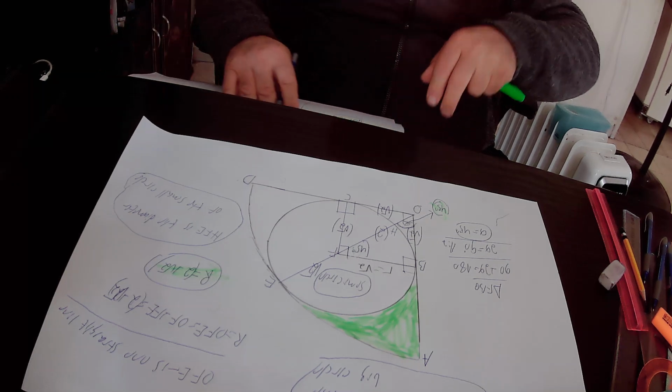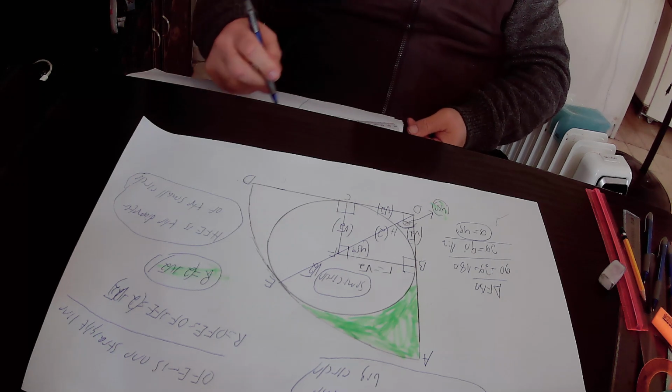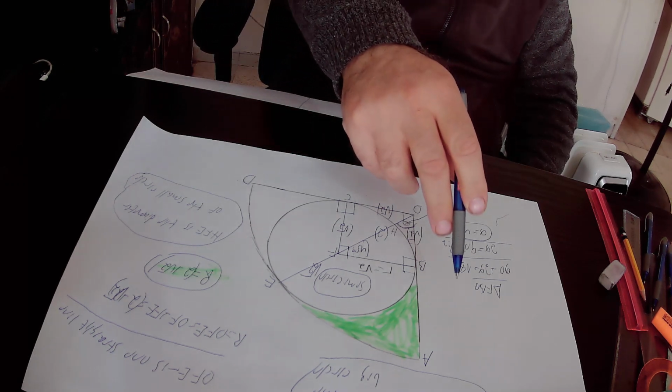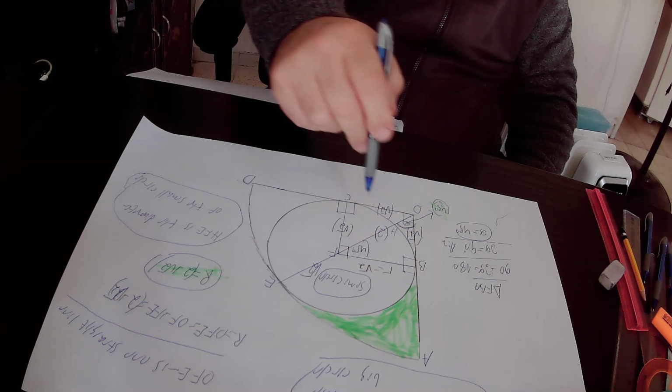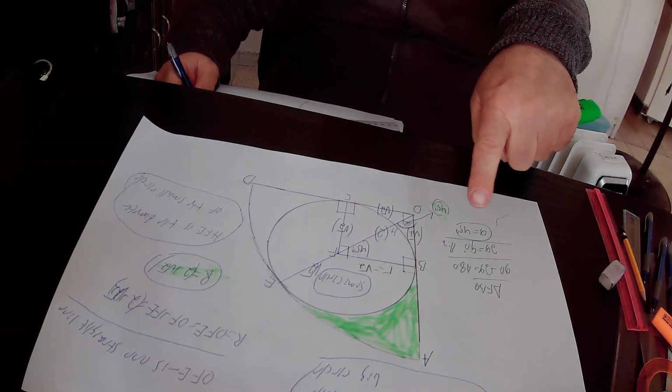From the drawing, it is very easy to see that the area of the green shape equals the area of the big sector AOE. The big sector AOE is part of the big circle.